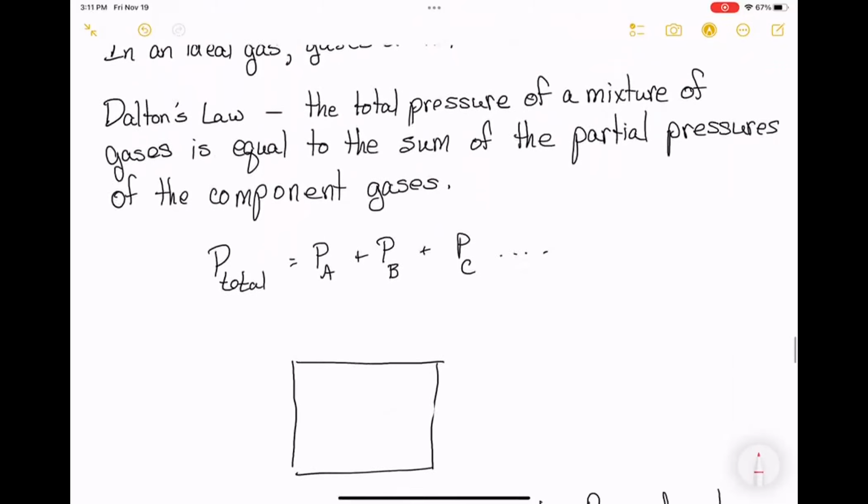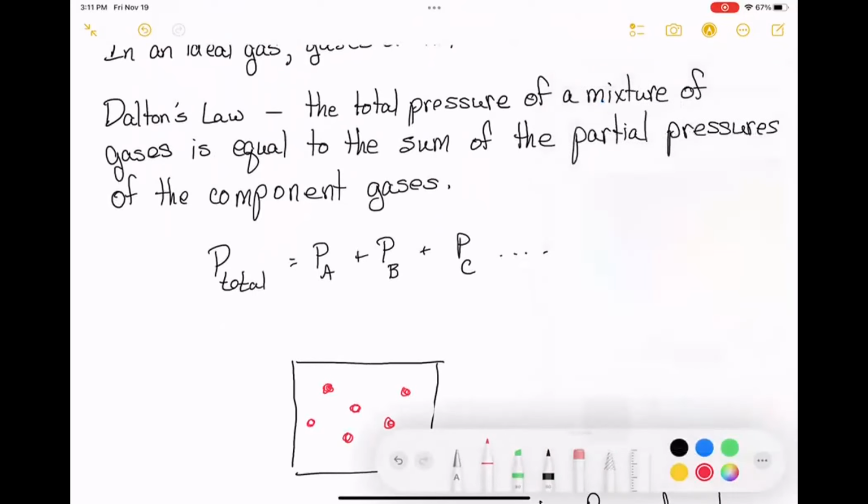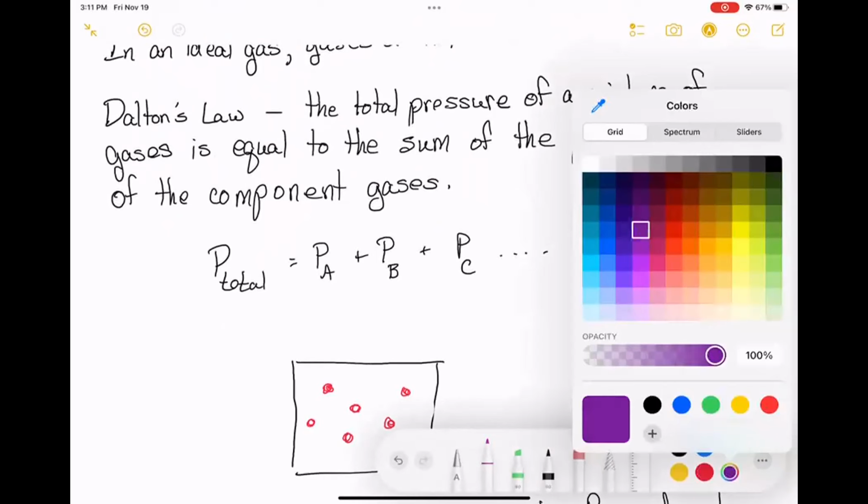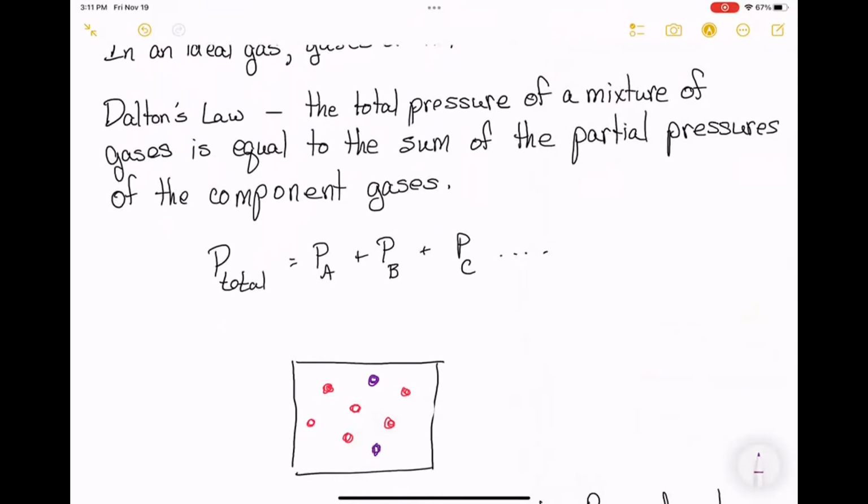Now in the interactive, our gases were red and purple, and they were moving around in the container.